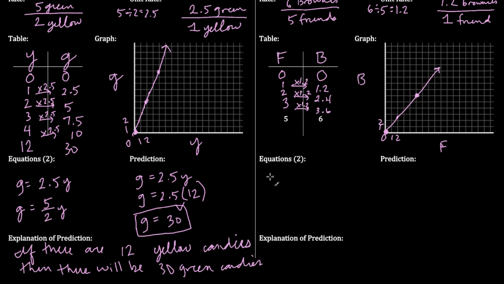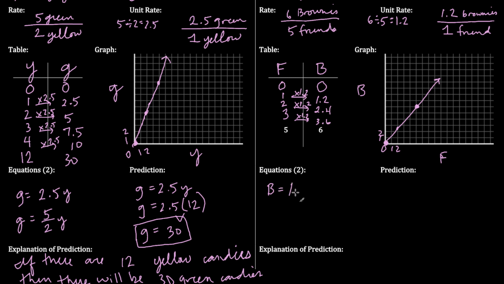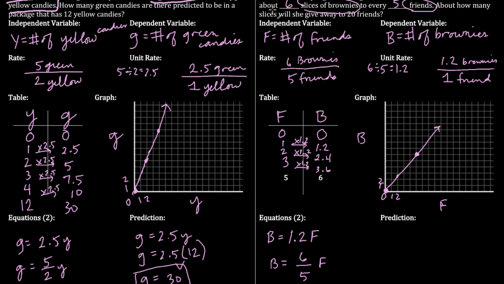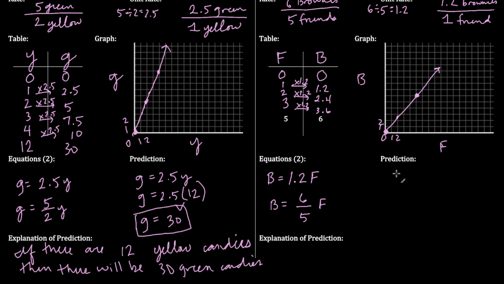So our equations. To get to the brownies, we do 1.2 times the friends. Or we can say that the brownies are 6 brownies for every 5 friends. I'm going to go ahead and figure out what we have to predict. It says about how many slices will she give away to 20 friends. All right, so 20 friends.